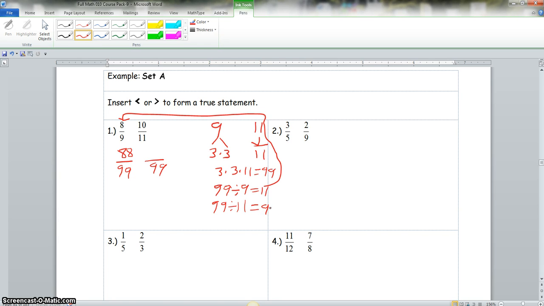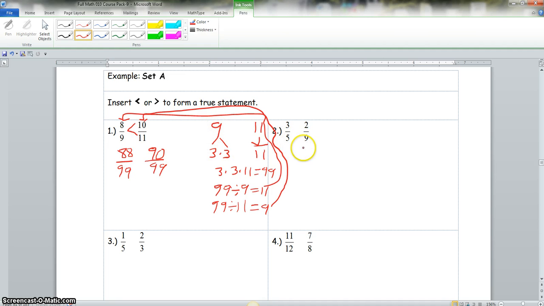So we would take this 9 and we will multiply it by this 10 here. 9 times 10 is 90. Now as we see, 90 over 99 is greater than 88 over 99. So that means that this 10 over 11 is actually the greater value. So 8/9 is less than 10 over 11.